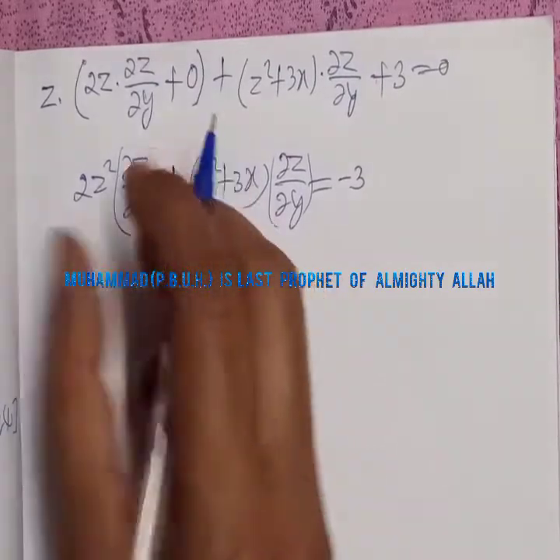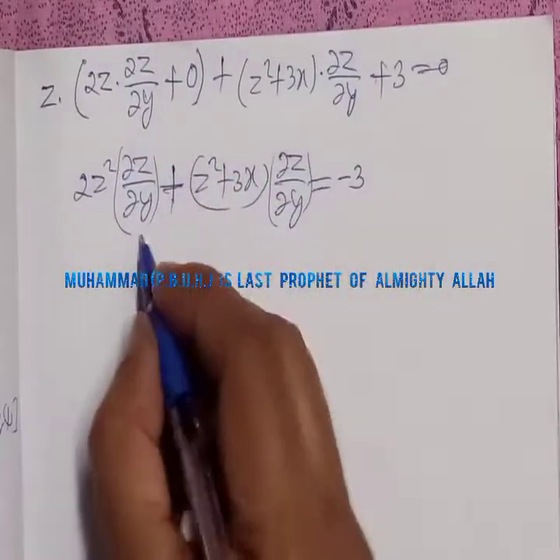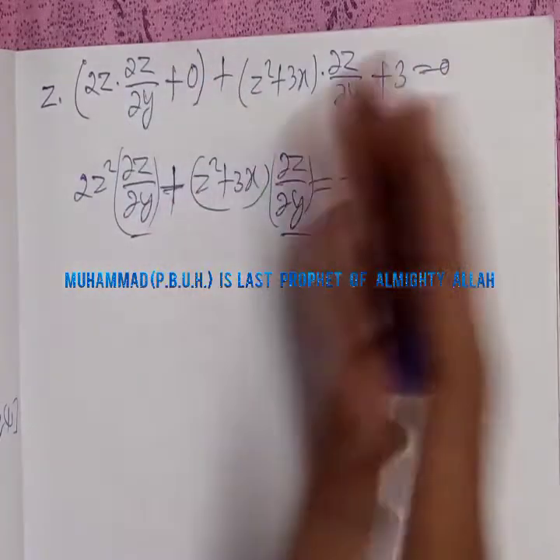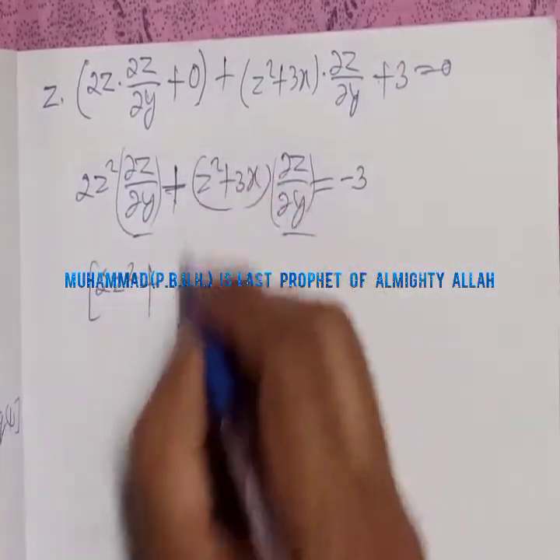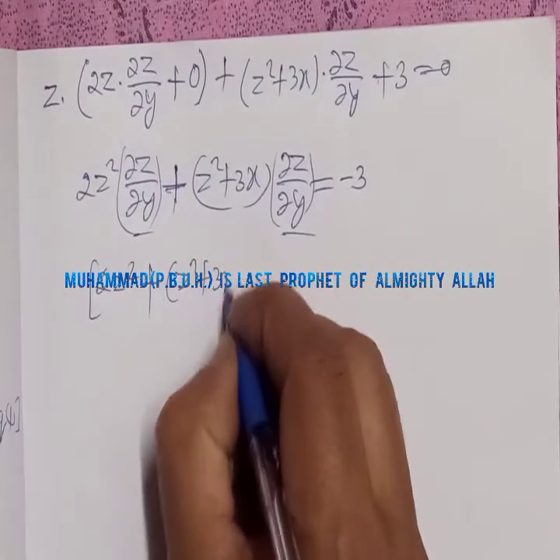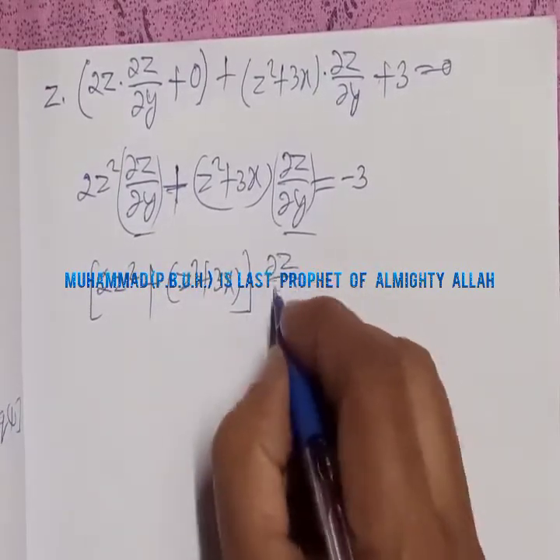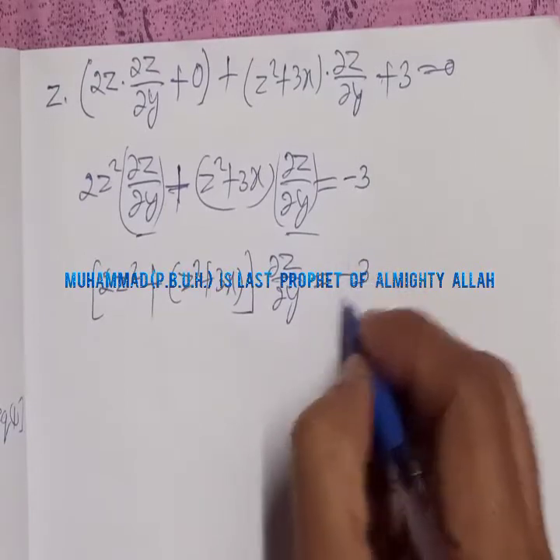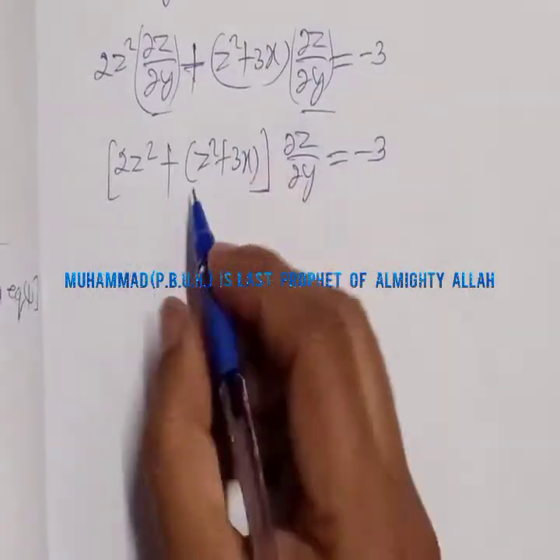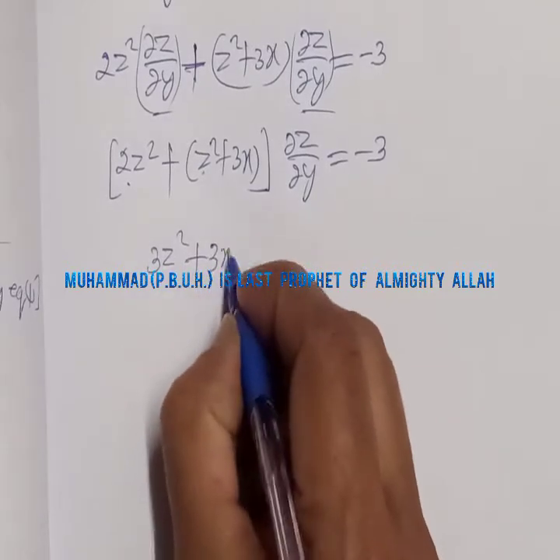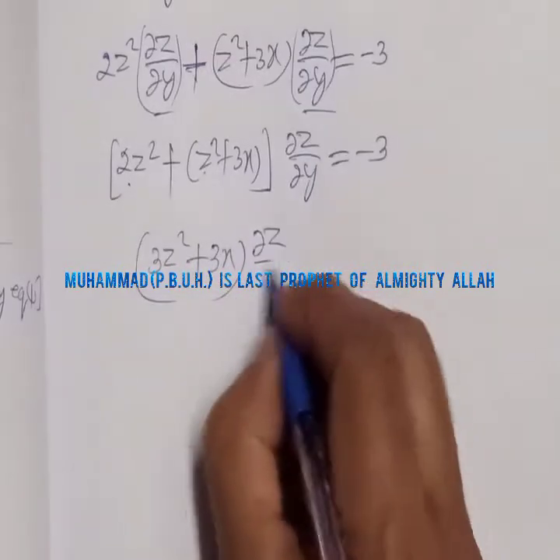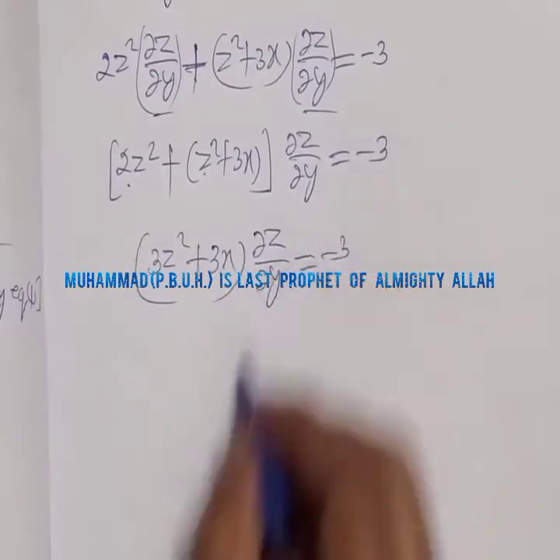Here is plus sign, this term first and second term, and take this common out, we get 2z square plus this value z square plus 3x, del z over del y. Right side is equal to minus 3, this becomes 3z square plus 3x del z over del y is equal to minus 3.